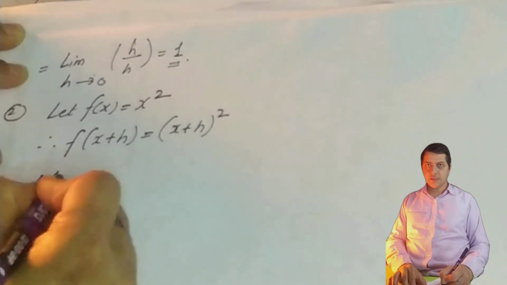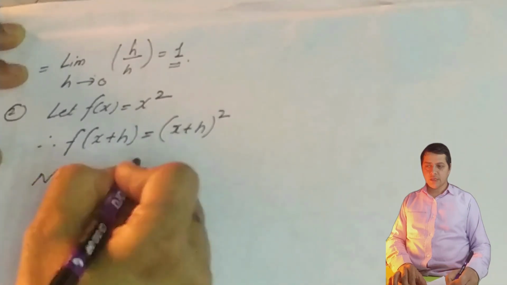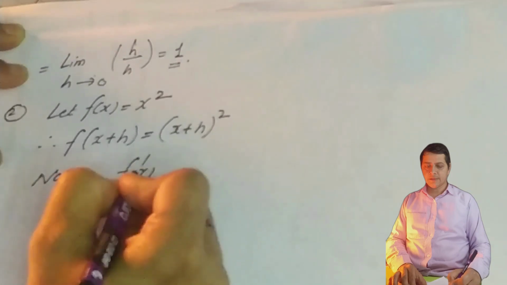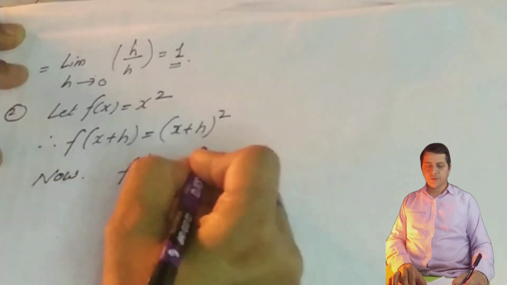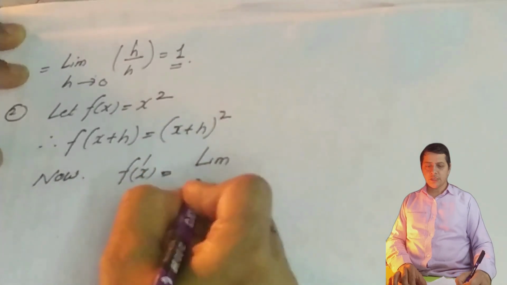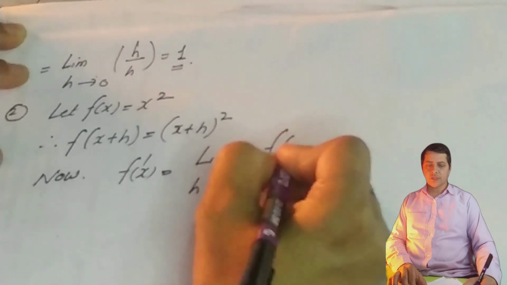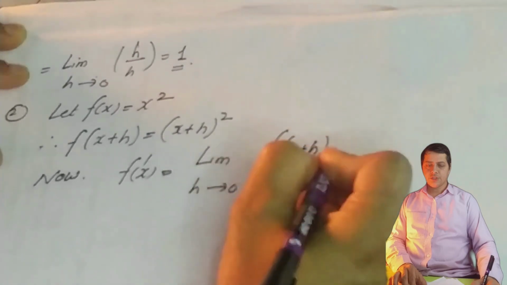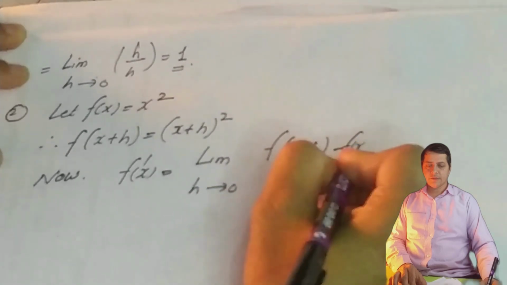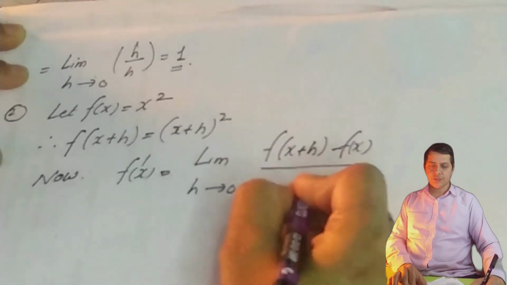Now we get f prime x is equal to limit h tends to 0, the function f(x+h) minus f(x) by h.